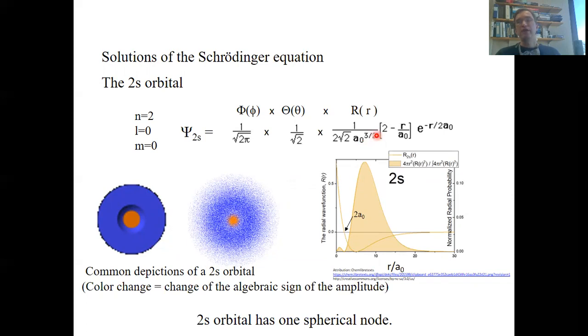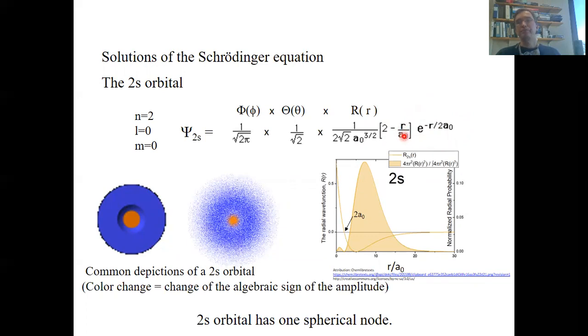Then we have, again, this exponential term here, the Euler number to the power of minus r over 2a0. But in addition to that, we have now this term here, 2 minus r over a0.